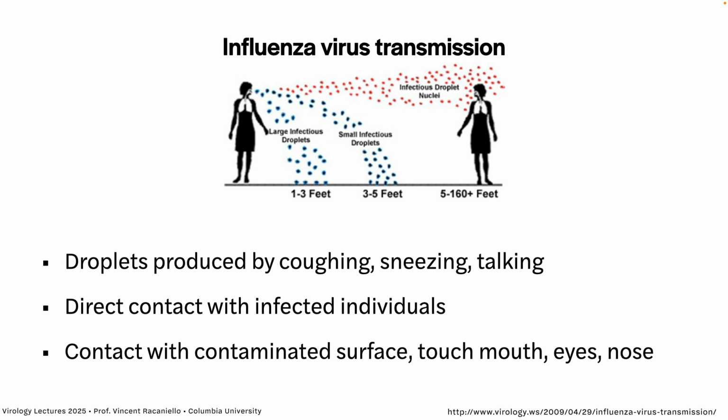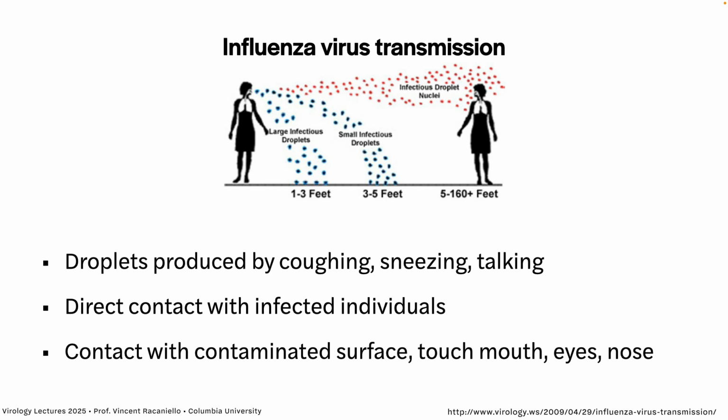Now, the transmission of influenza virus occurs in a couple of different ways. First, by droplets produced by coughing or sneezing or talking. You saw this picture before. We make droplets of different sizes that go different distances in the air. So that's a major route. But also contact.